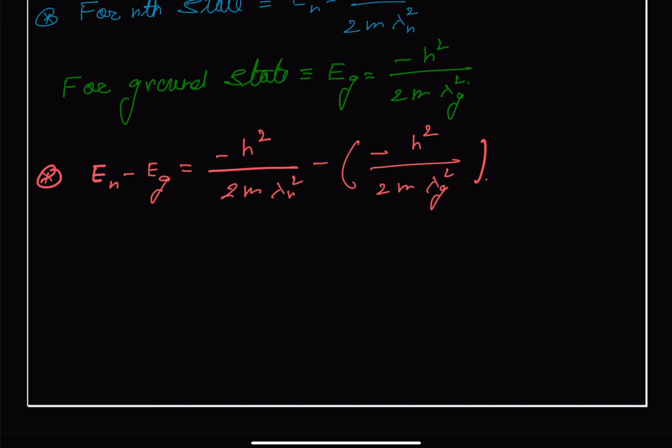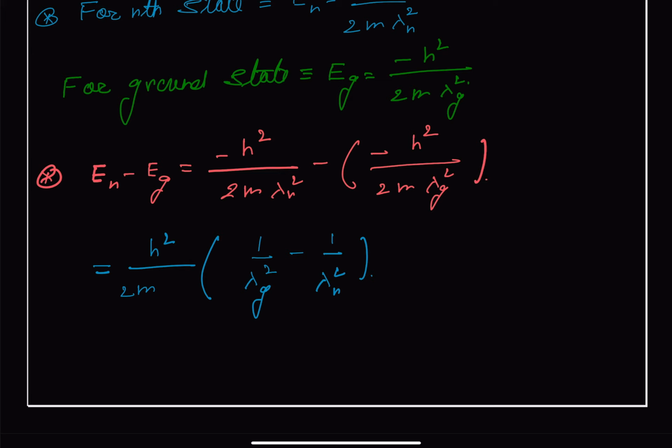And we can take common h square upon 2m, and this will be 1 upon lambda g square minus 1 upon lambda n square.